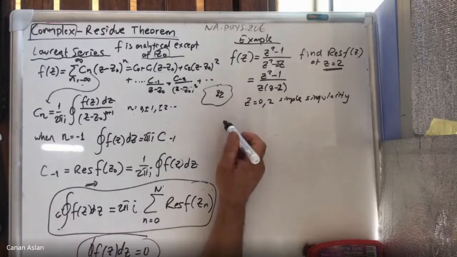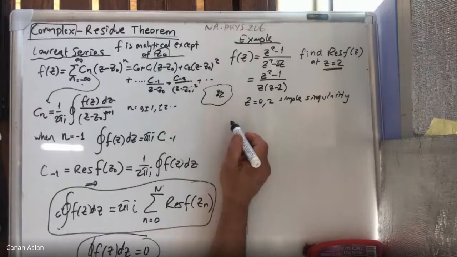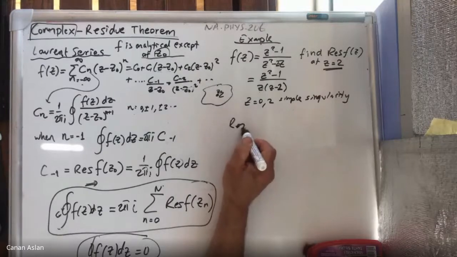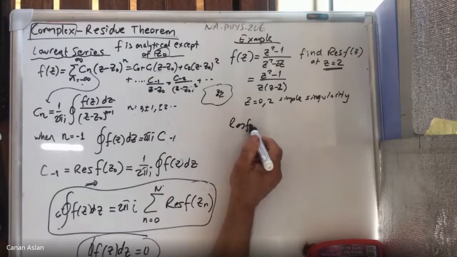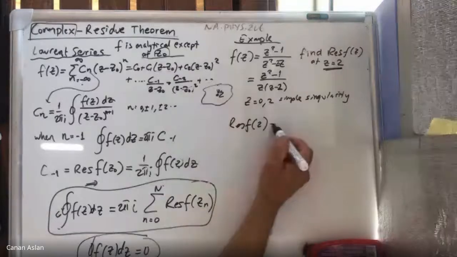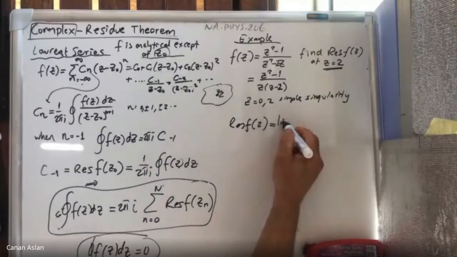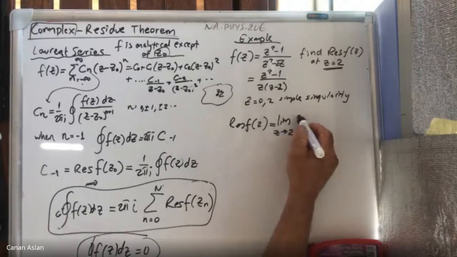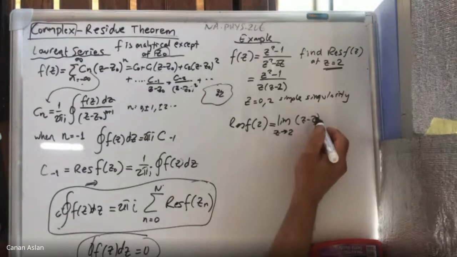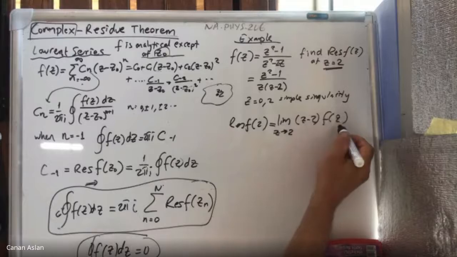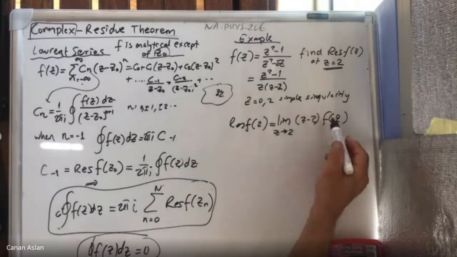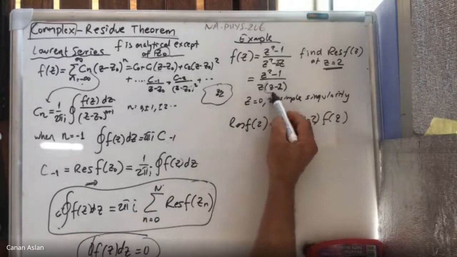So by definition, the residue of the function at 2 is given as the limit as z approaches 2 of (z - 2) times the function. As before, this is the problematic factor, right?